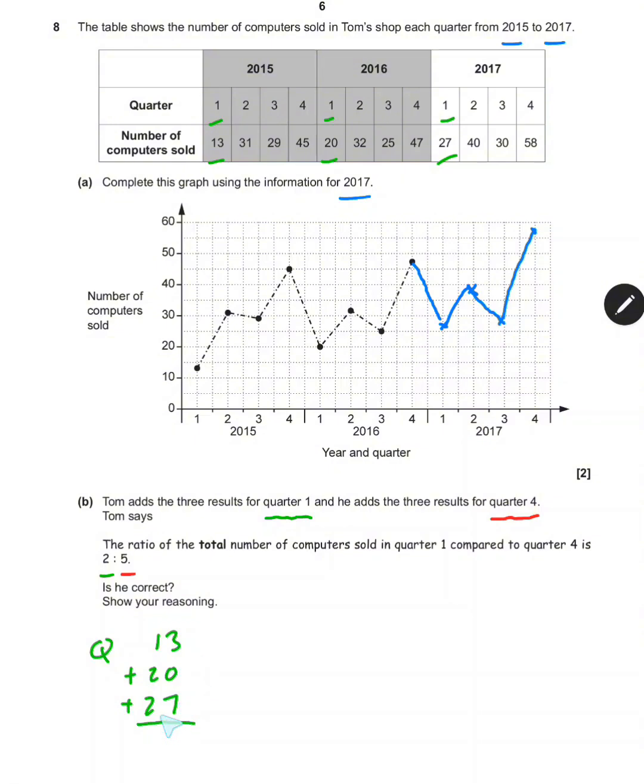And we get 7 add 3 is 10. 2, 3, 4, 5. That would be 60. Quarter 4. We've got 45, 47 and 58. So let's add those together.